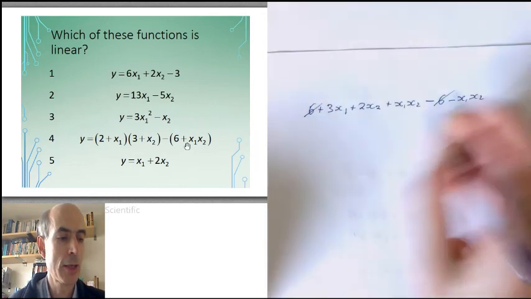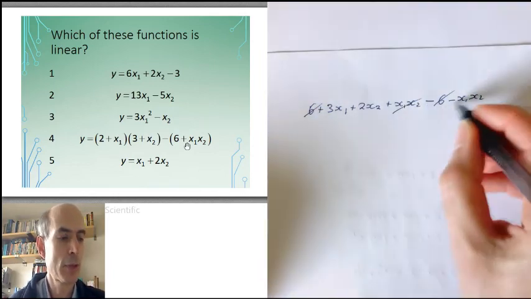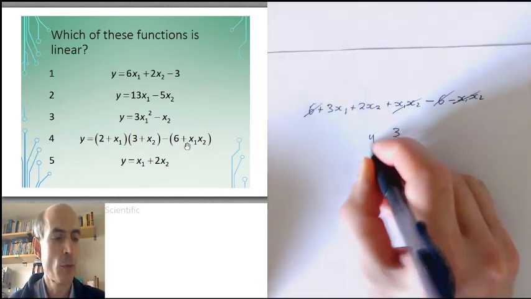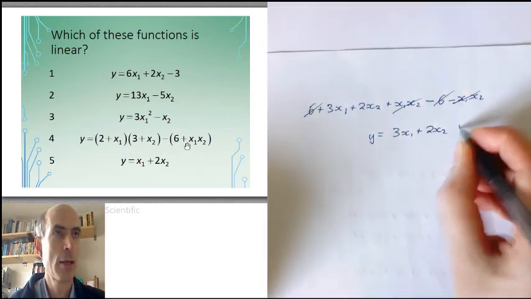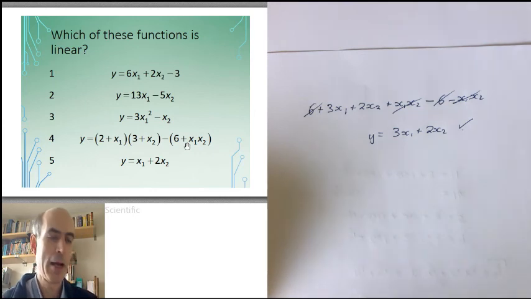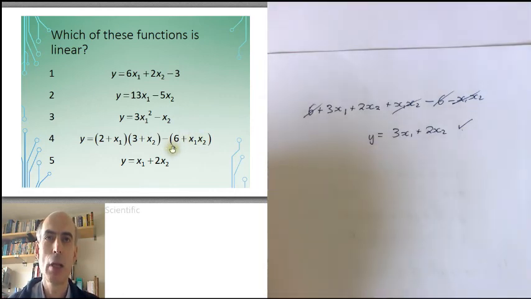The 6's would cancel, the x1 x2's would cancel. We're just left with y equals 3x1 plus 2x2. Yes, it's linear. You're not going to come across something like that very often. It's just there as a bit of fun.